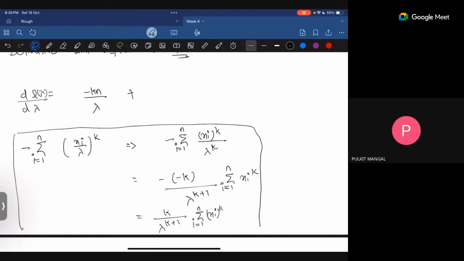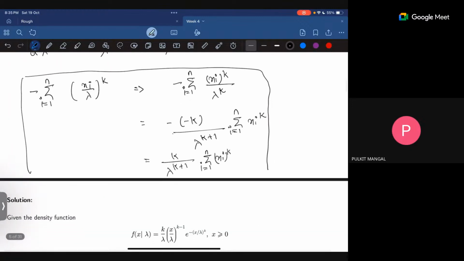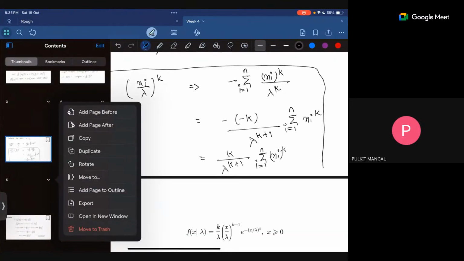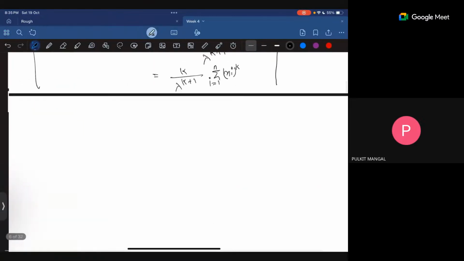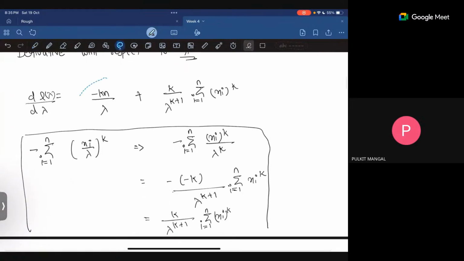Okay, the derivative that we got is k upon lambda power k plus 1 times summation from i equal to 1 to n of xi power k. The next step is to set this derivative equal to 0 and find lambda. That is the final step. So copy this down.